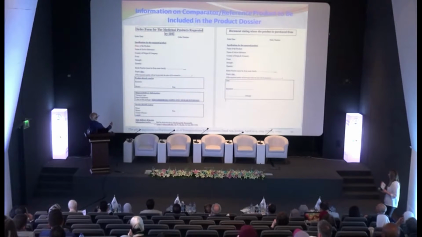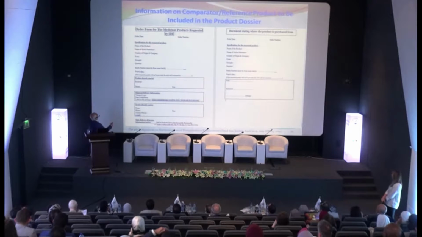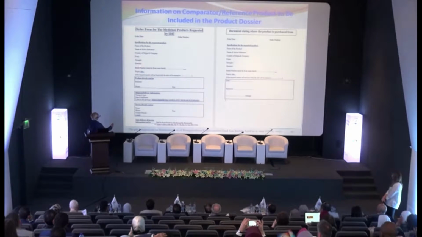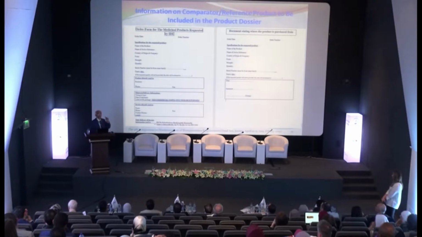For example, specifications for the requested product: name of the product, name of the active substance, country of origin, and company, form, strength, quantity, batch number, expiry date. Minimum 1.5 year expiry date should remain; you should pay attention before buying the product.